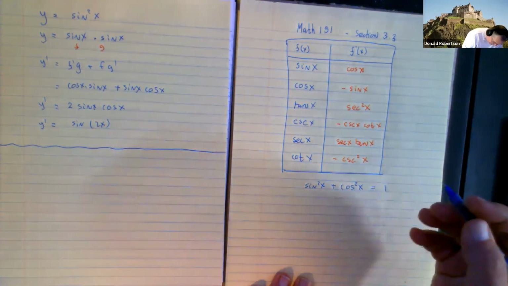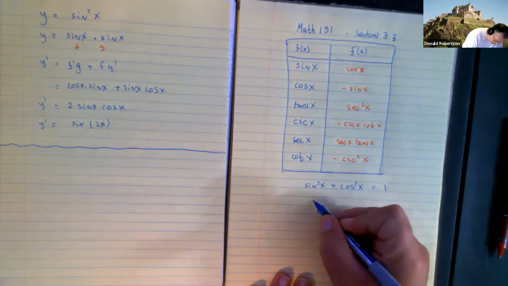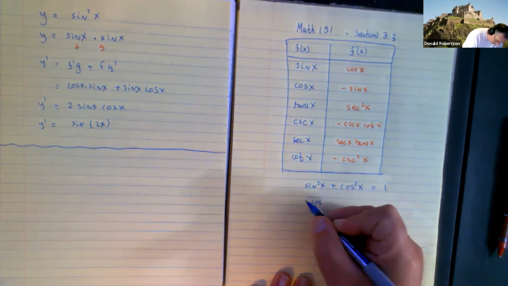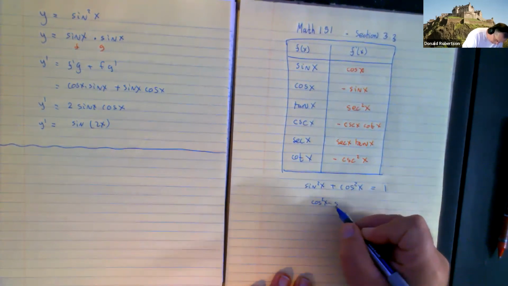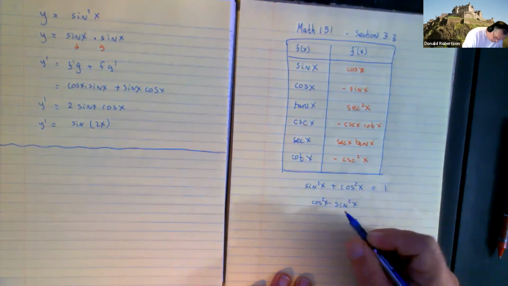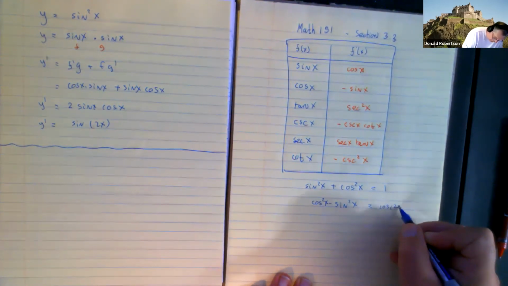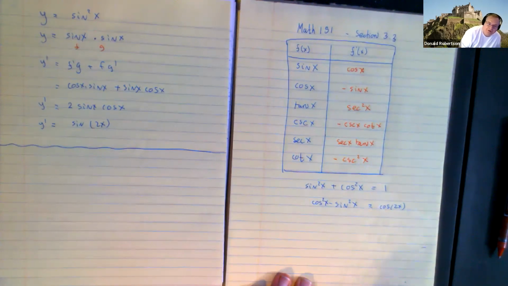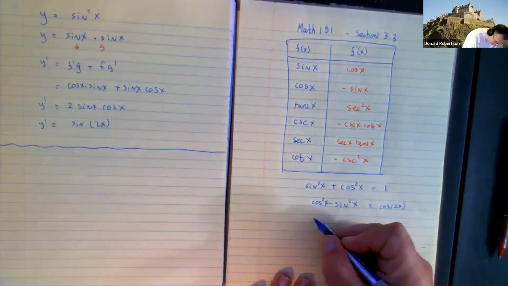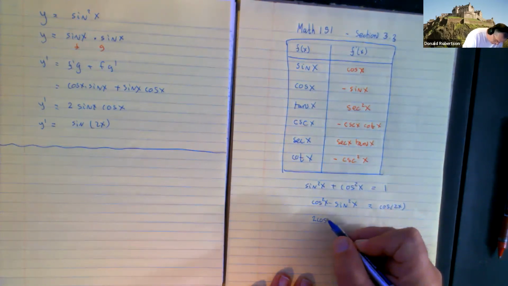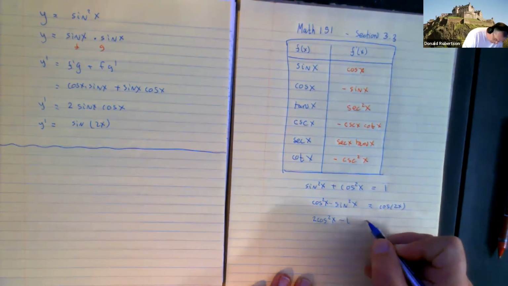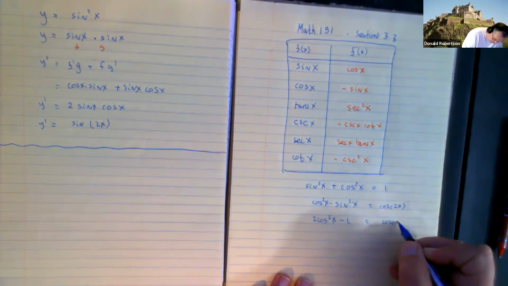There are some identities, such as this one, where cos squared minus sine squared is the cosine of 2x. There's another version of that one, which looks like this: 2 cos squared x minus 1 is the cosine of 2x.